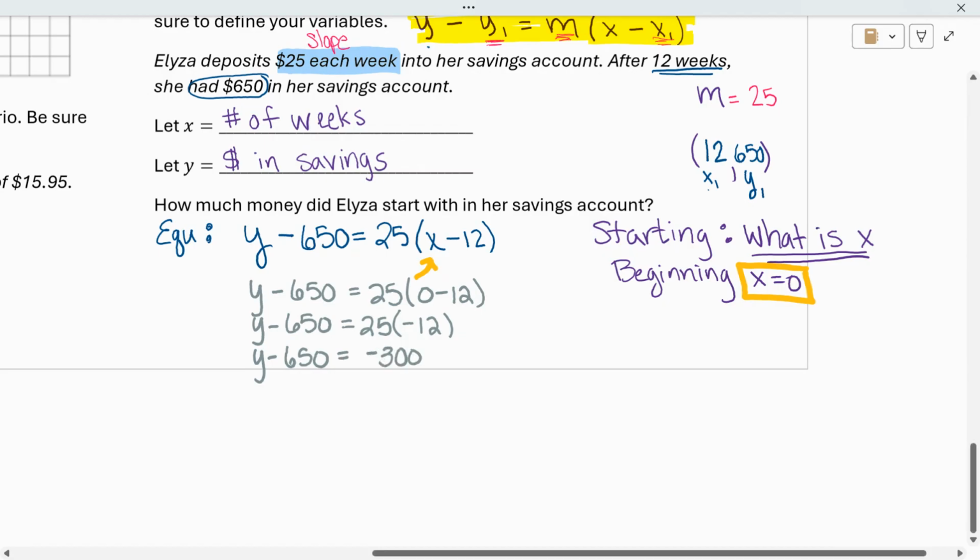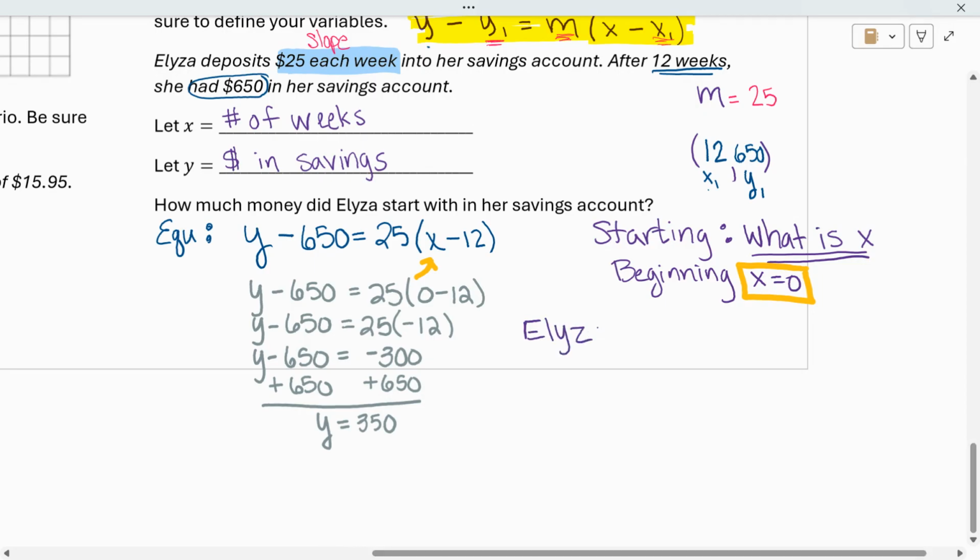Trying to find the amount of money in my savings account, y. Trying to get y all by itself. What do I need to do next? Add what, hon? Yes, ma'am. Add 650 to both sides. So y equals 350. So how much money did Eliza start with?